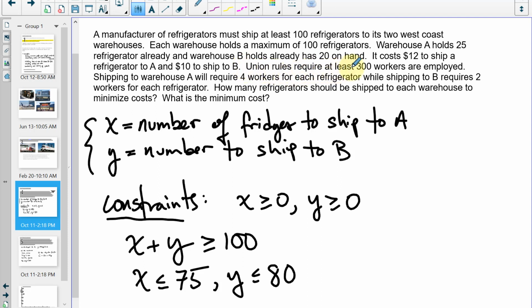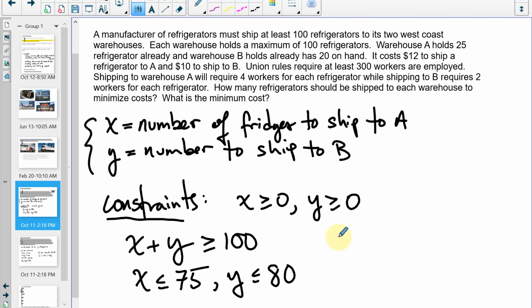But there is this: at least 300 workers are employed, and further, shipping to A requires 4 workers. So every refrigerator that goes to A is going to take 4 workers, and each refrigerator traveling to warehouse B requires 2 workers.